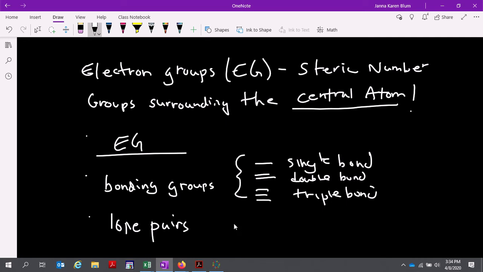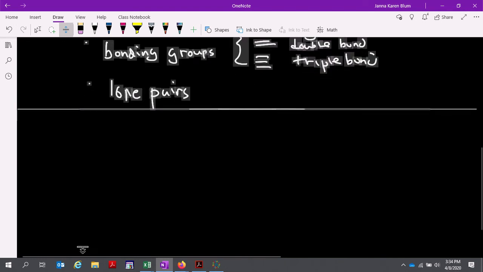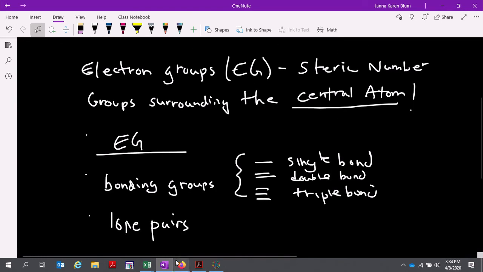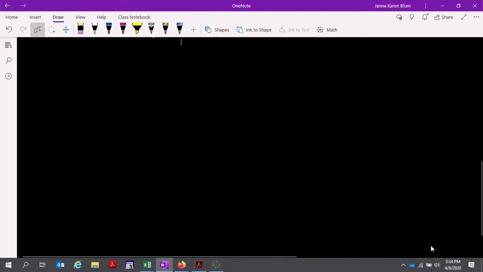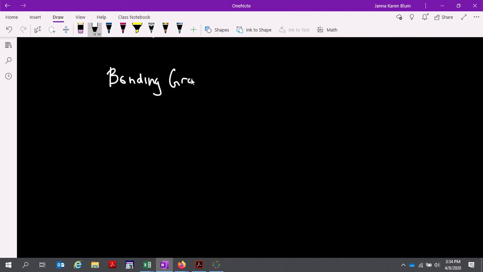And then the total number of electron groups is going to be defined as the bonding groups plus the lone pairs on the central atom, which will equal the electron groups.